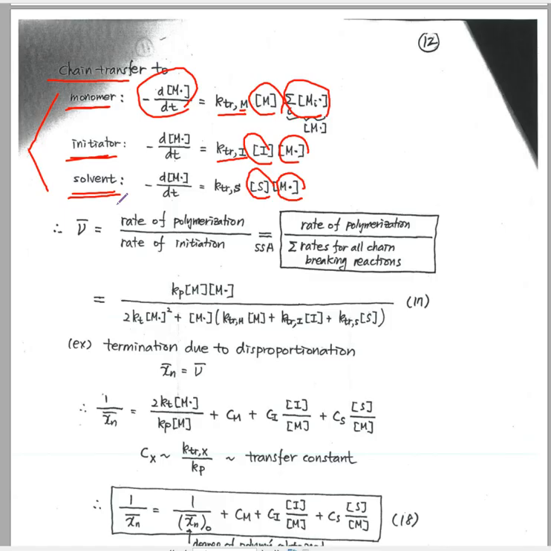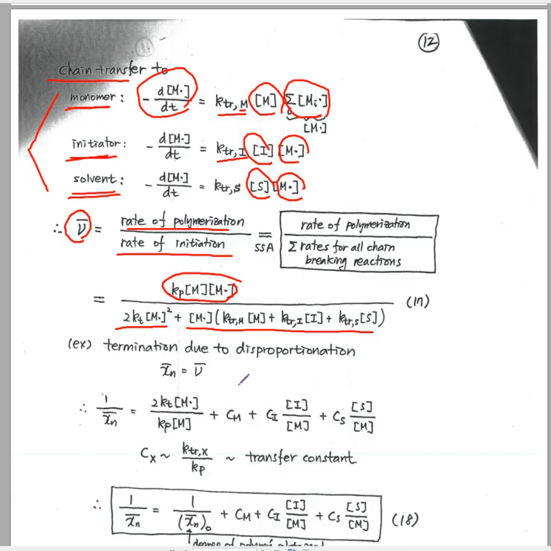So if you calculate the kinetic chain length when considering chain transfer, by definition, kinetic chain length is Rp over Ri, or Rp over Rt. Rp is basically the same, the propagation rate. And Rt should be combination and disproportionation and chain transfer.